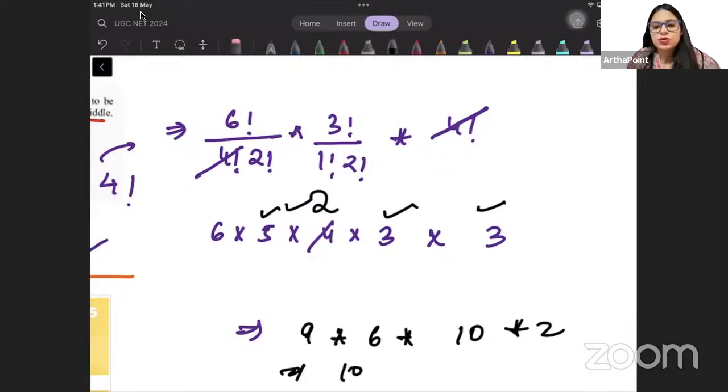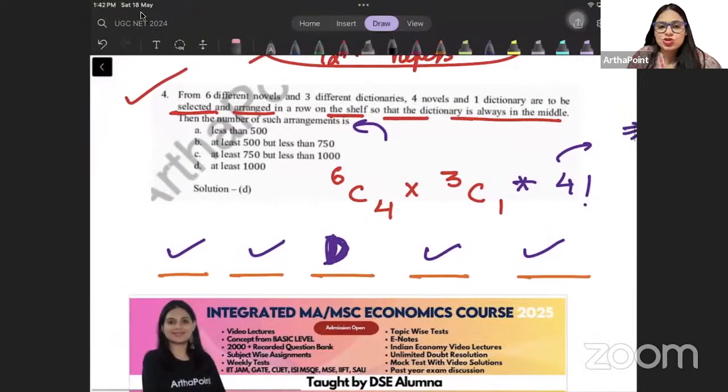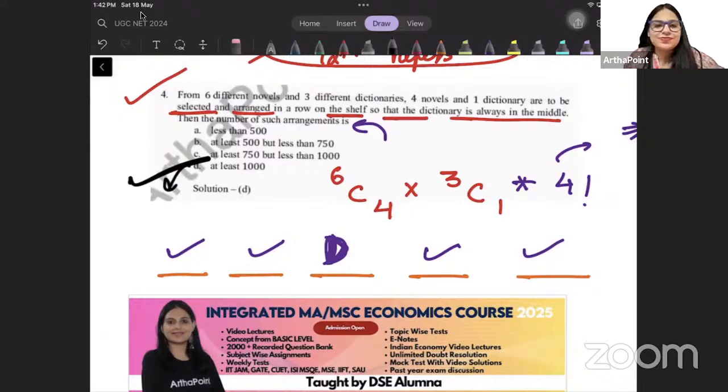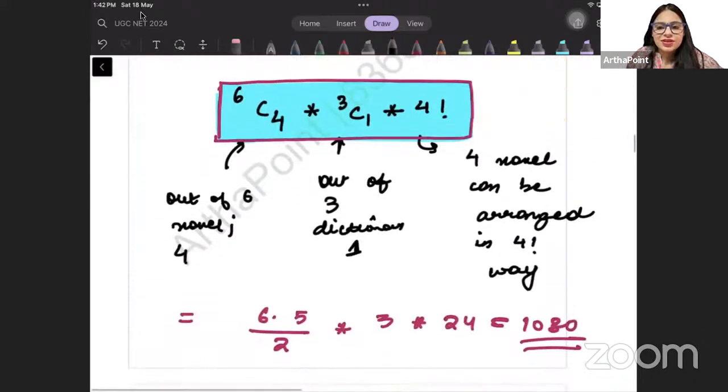So this will be coming out to be 1080. Right? This will be coming out to be 1080. So this is the number of ways in which I can arrange them. So that's the answer to this question. Which means that more than 1000 ways. So answer is D.